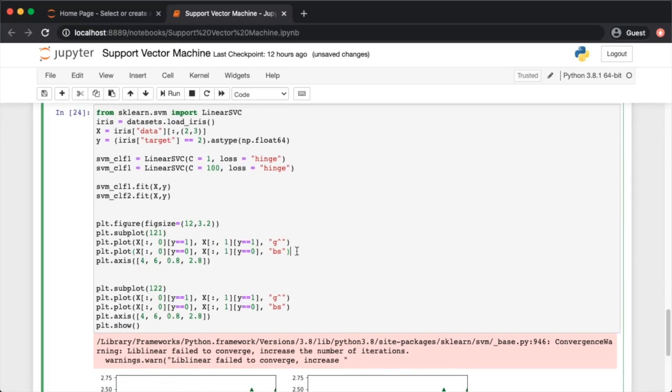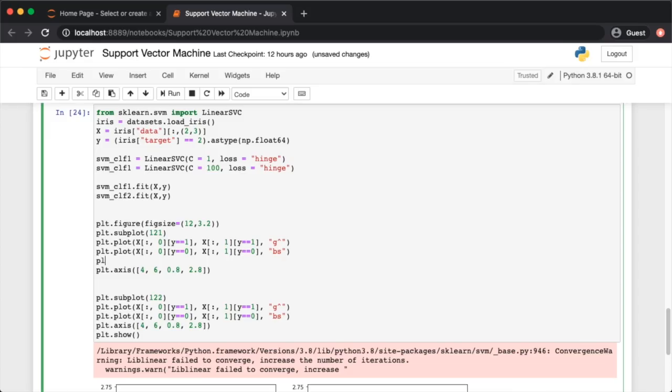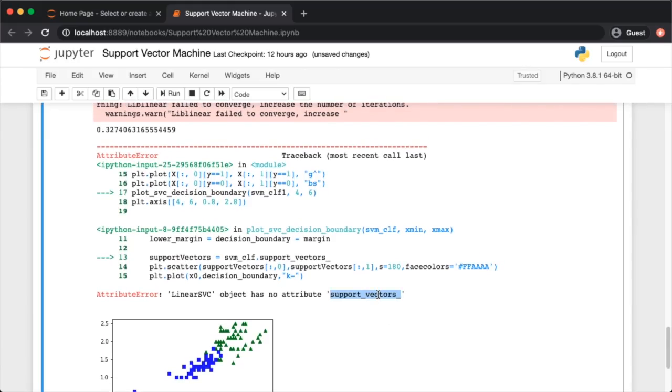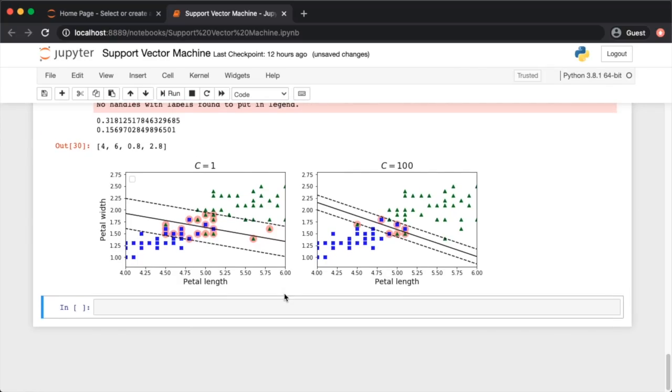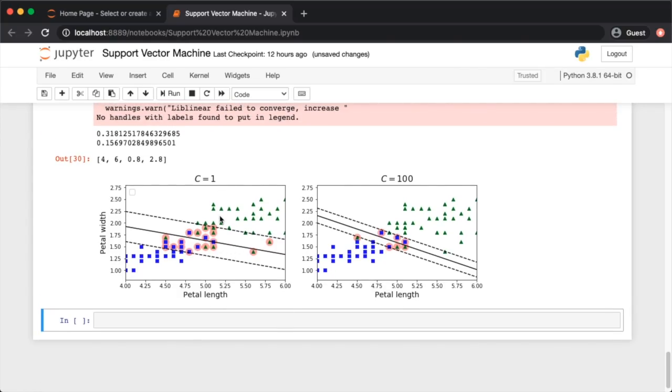And right over here, I'll call the function that we implemented earlier on svm_clf1 xmin xmax, and we don't have support vector attributes, right? So we need to compute that. We need to do this manually. And there you go. So as you can see, with a smaller C, we accept more outliers, right?